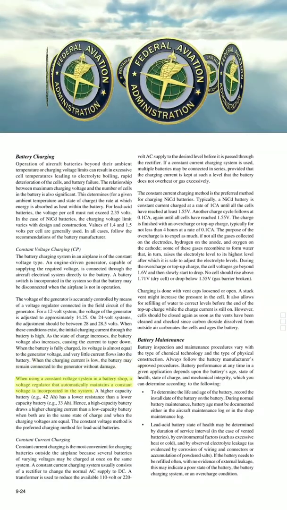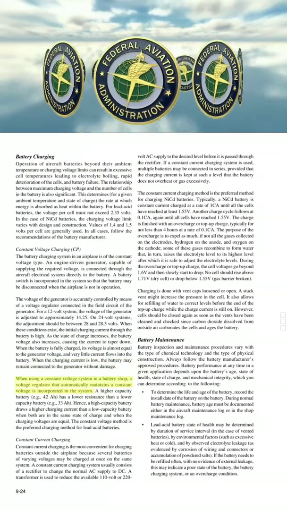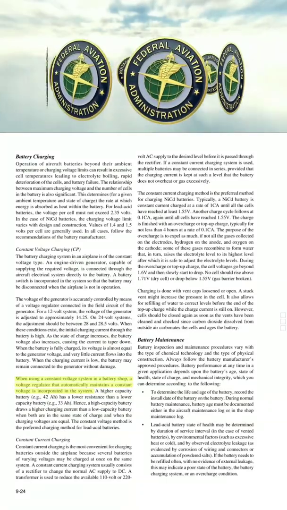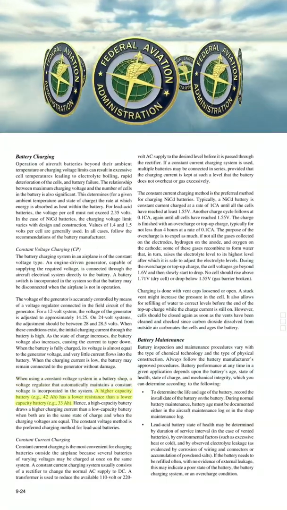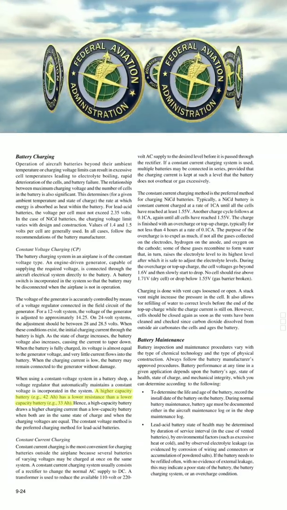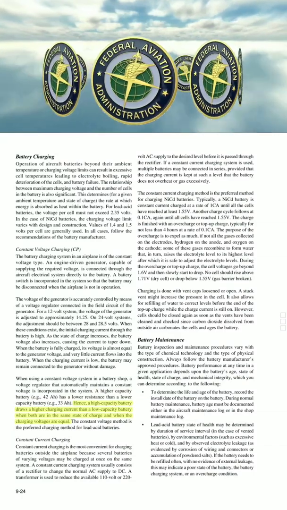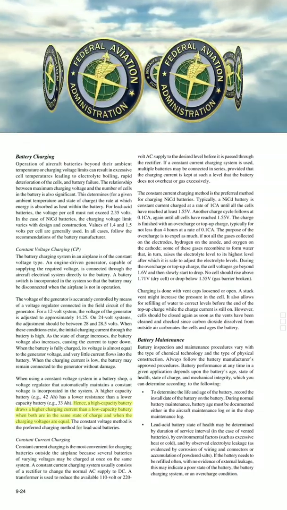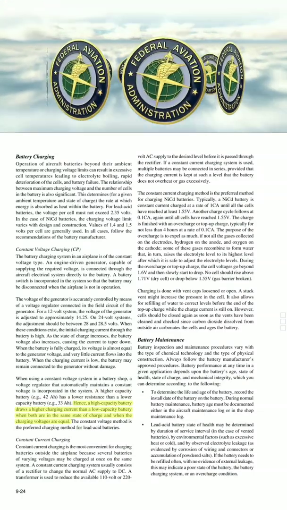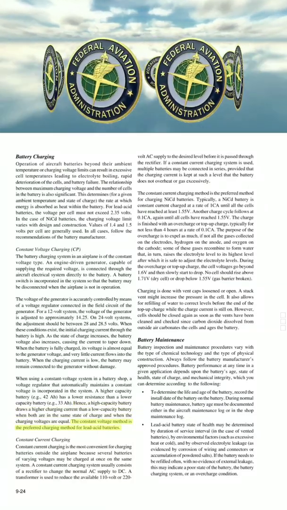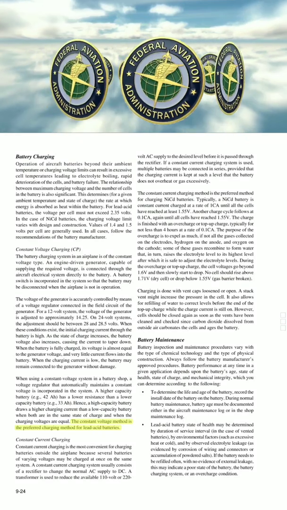When using a constant voltage system in a battery shop, a voltage regulator that automatically maintains a constant voltage is incorporated in the system. A higher capacity battery, e.g., 42Ah, has a lower resistance than a lower capacity battery, e.g., 33Ah. Hence, a high capacity battery draws a higher charging current than a low capacity battery when both are in the same state of charge, and when the charging voltages are equal. The constant voltage method is the preferred charging method for lead-acid batteries.